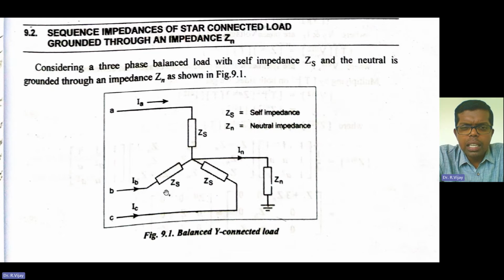Not only in power system analysis but in any subject, whatever figures you draw, write the figure name at the bottom or the top. Bottom is universally used. For example, balanced star connected load or balanced delta connected load. Like that, you need to mention it for whatever the figure might be.